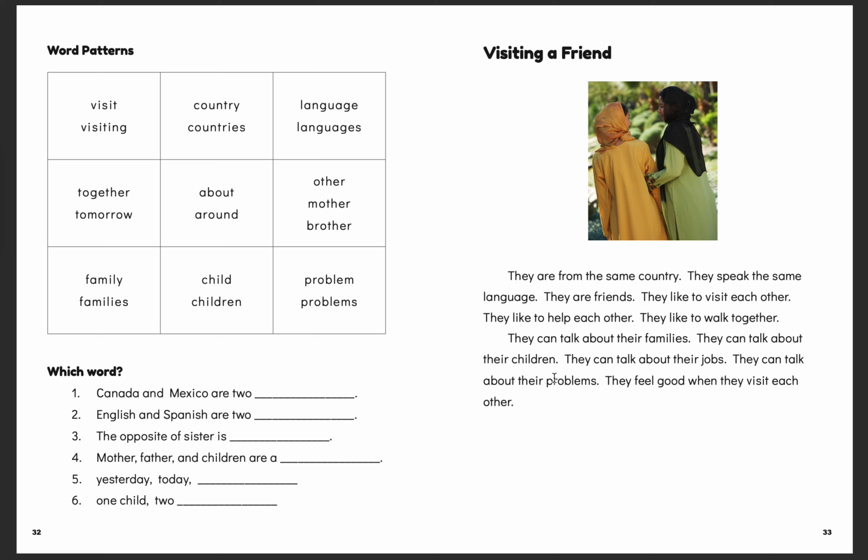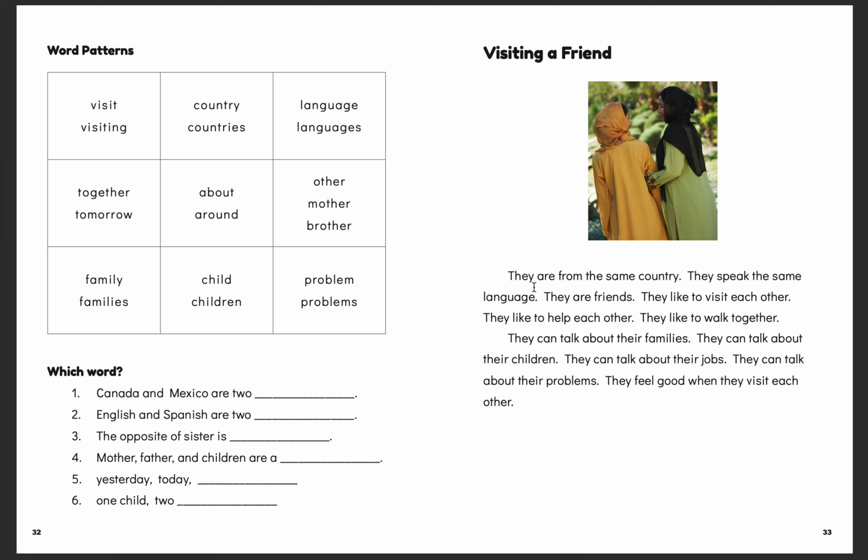So we're going to be chunking. Our students have a tendency to read like this. They. Are. From. The. Same. Country. And of course that's related to fluency and decoding, how easily they are able to read words and read quickly. But here it's a good opportunity to work on more natural reading.